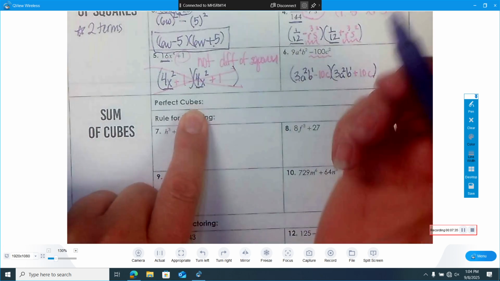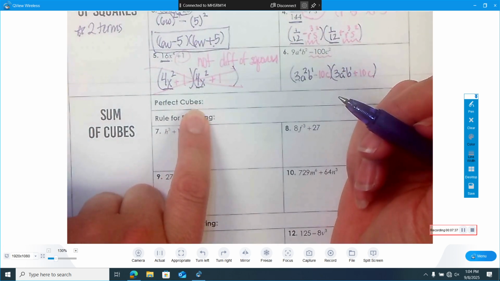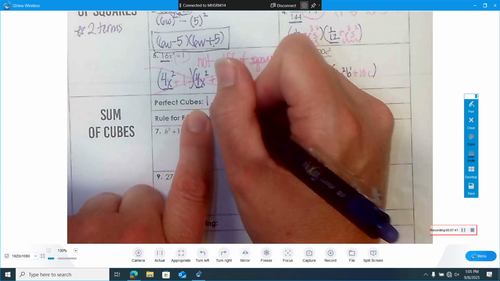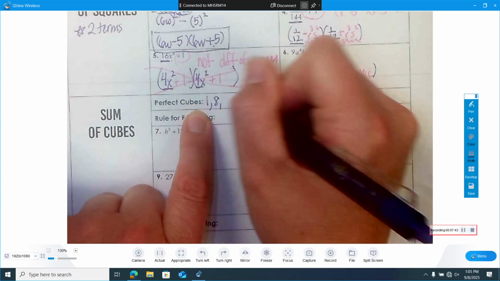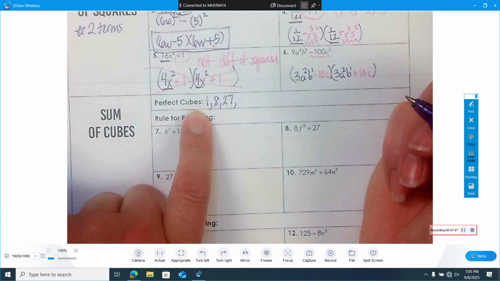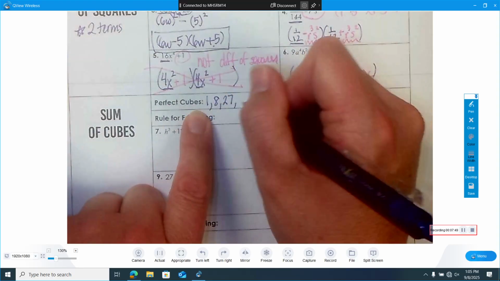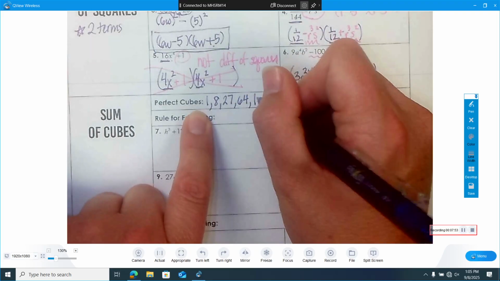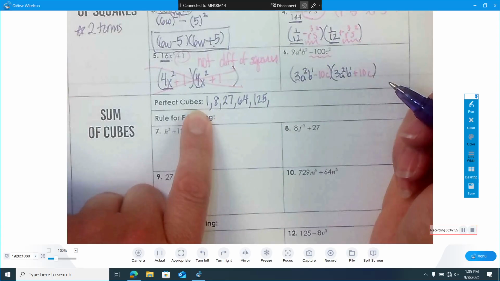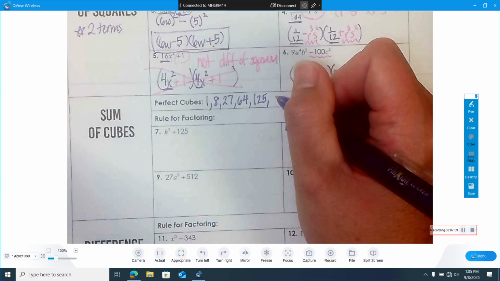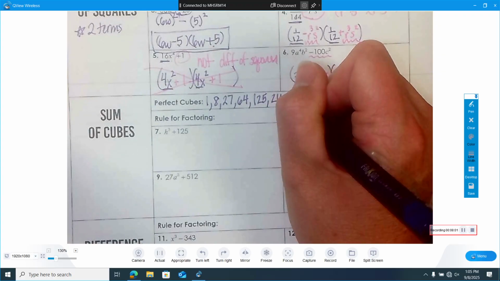Perfect cubes is like 1 times 1 times 1. 1 cubed is 1. 2 cubed is 8. 3 cubed, 27. 4 cubed, 64. 5 cubed, 125. 6 cubed, 216.